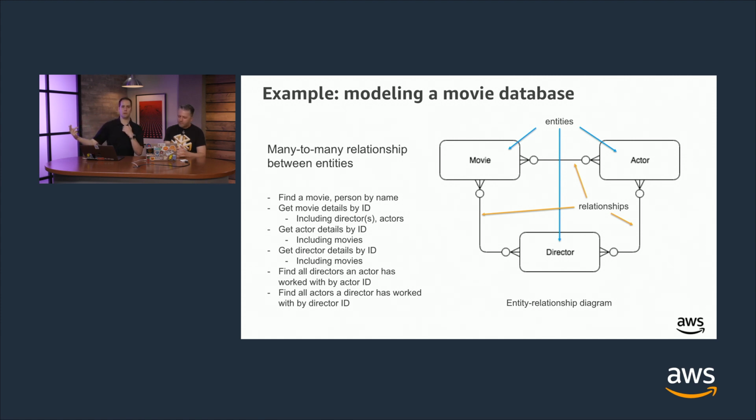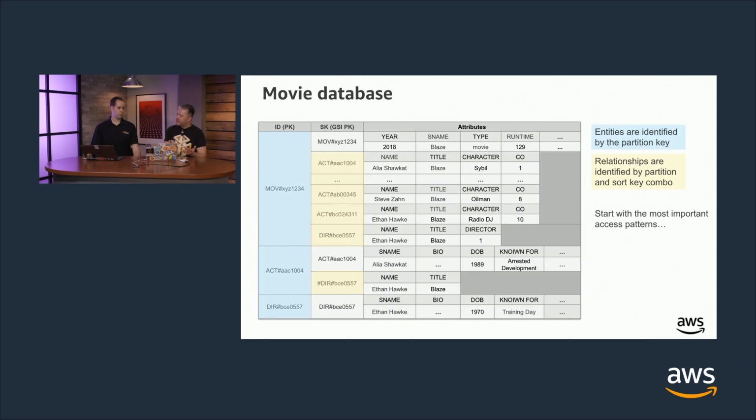For example, the actor's name. That's right. That's one approach. And one other thing that we did with this is, let's say you're a movie buff and you're interested in what directors an actor has worked with. And the other side of that relationship would be, if you're a director, what actors have you directed, right?